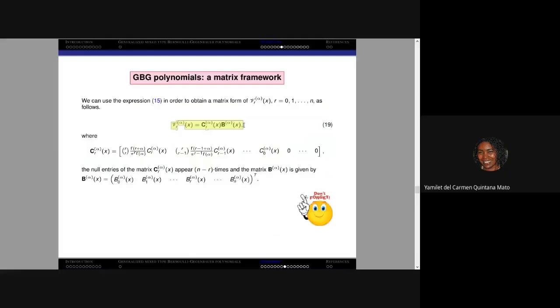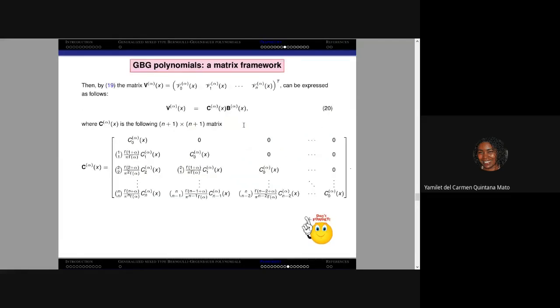This representation is important because it allows us to express the vector corresponding to the n+1 GBG polynomials in the matrix context.